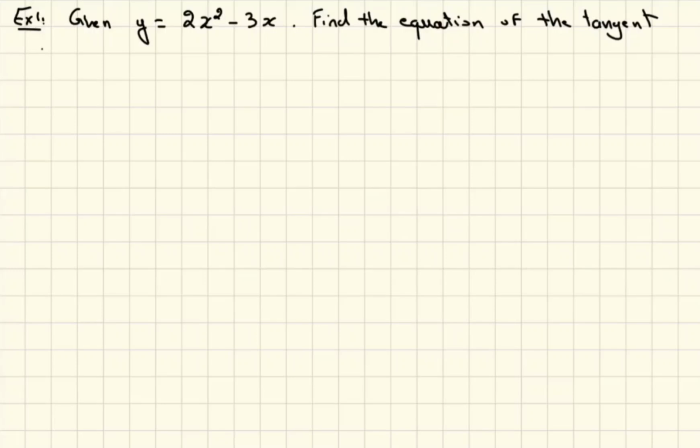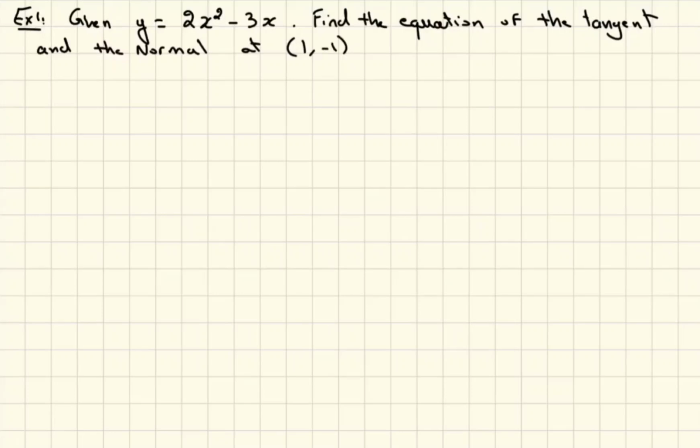Given the function y equals 2x squared minus 3x, they're telling you to find the equation of the tangent and the normal at the point (1, -1).